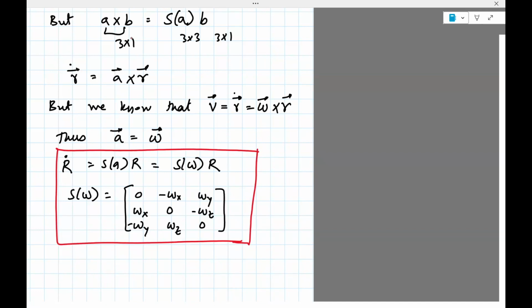Omega is the angular velocity of the object in the world frame, and that is related to R dot.